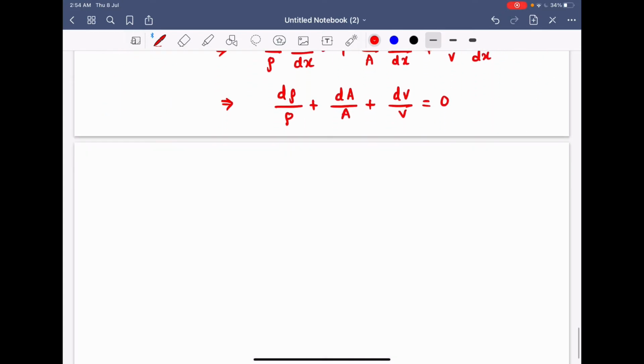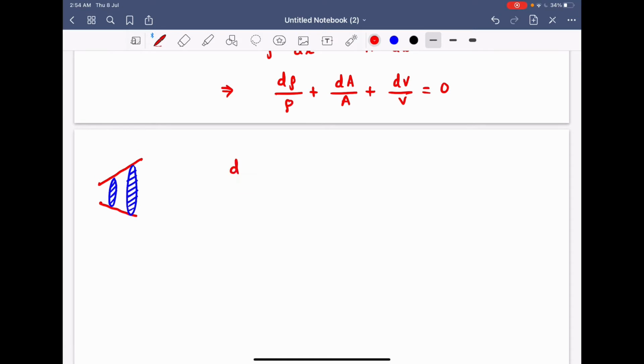So what does this mean actually? For any normal duct, through any cross section, whether you take the first cross section or the second, this relationship always holds: d rho by rho is the change in rho over the original rho. Suppose this is rho 1 and this is rho 2; the original is rho 1, so the change is rho 2 minus rho 1 divided by rho 1.